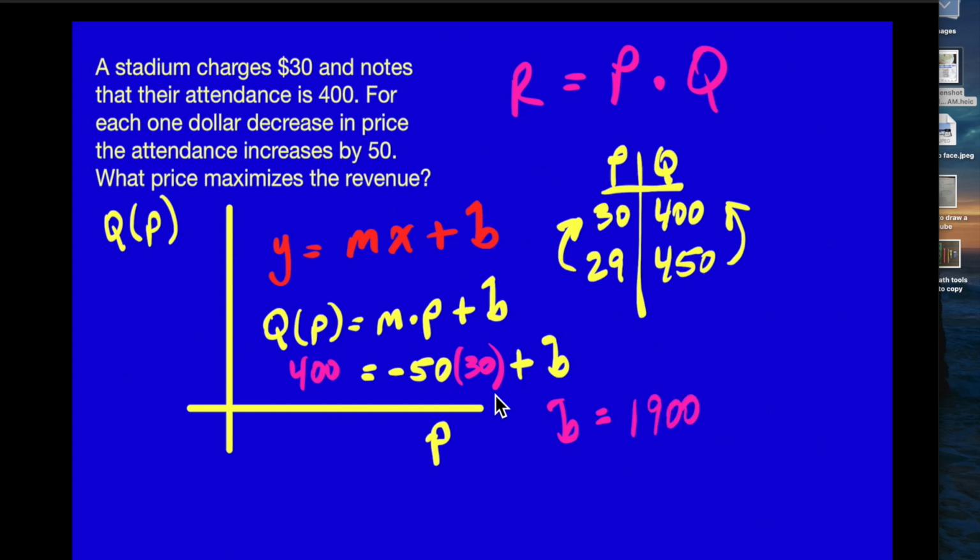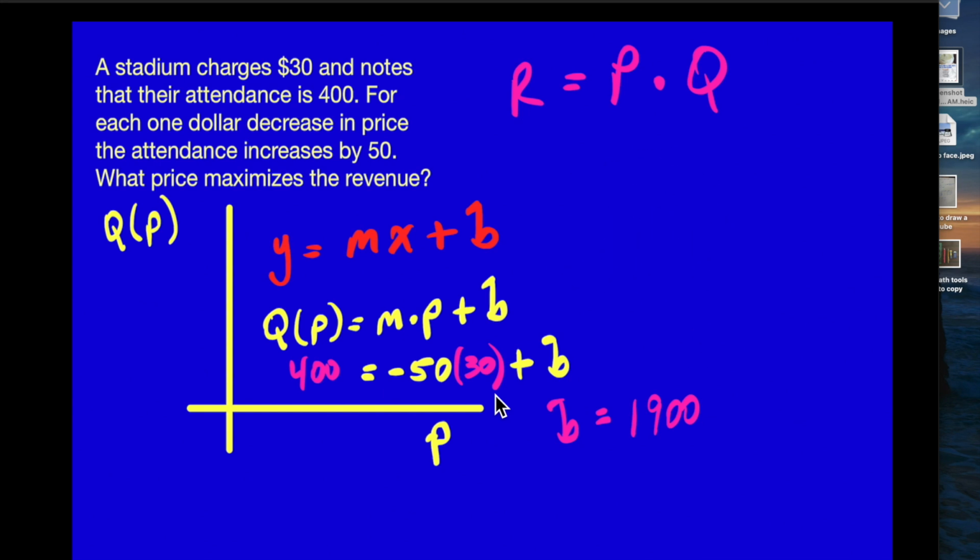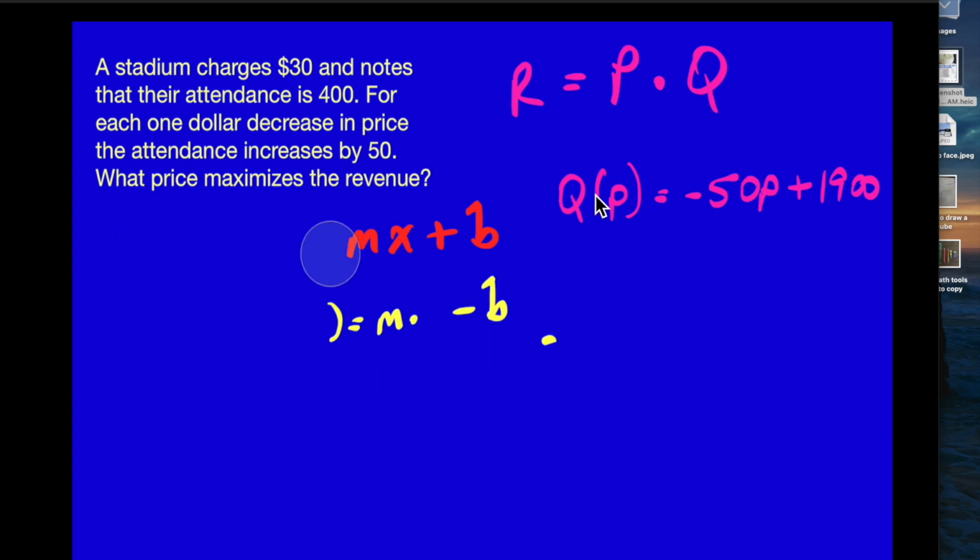So folks, we're going to combine the slope of negative 50 with the y-intercept of positive 1900, and our new expression for Q as a function of P is going to equal negative 50 times P plus 1900. Okay, we're now going to go ahead and plug this in for Q to get our quadratic function.